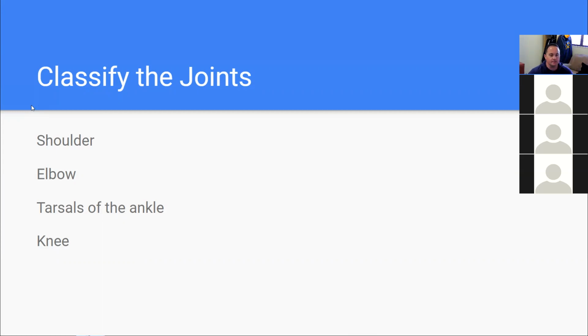Sorry, they're driving a massive forklift past my room right now. You can choose. You can either do it on a piece of paper if you like drawing and you want to do that, that's fine. Or you can do it on a digital copy. Your choice.